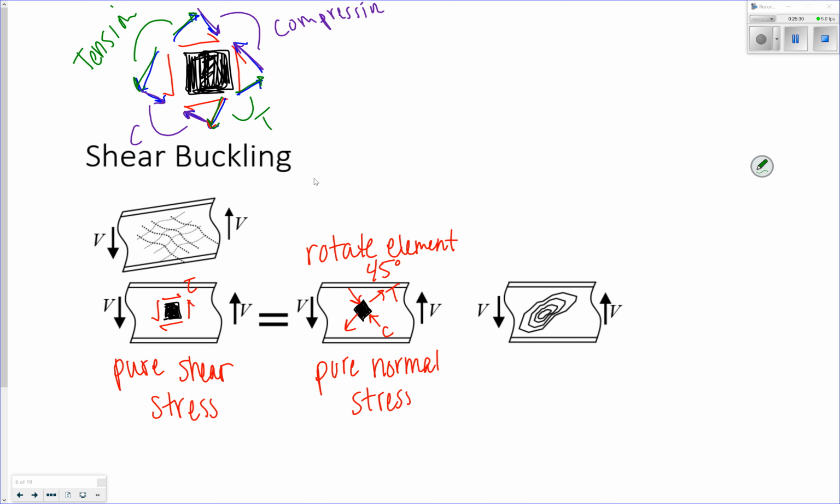So I took my shear stress vectors and broke them down into components at 45-degree angles, which means I've translated my shear stress into a compressive force and a tension force. The green ones are all supposed to be parallel and the purple ones are all supposed to be parallel.